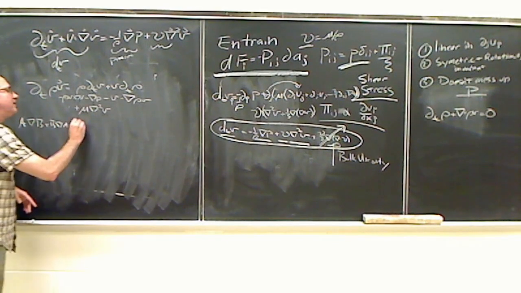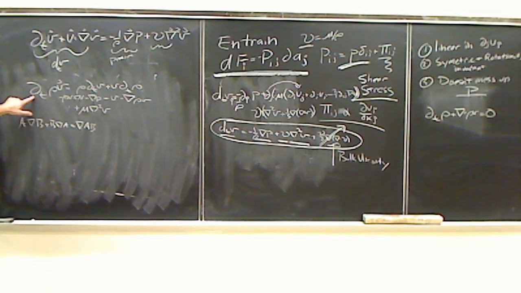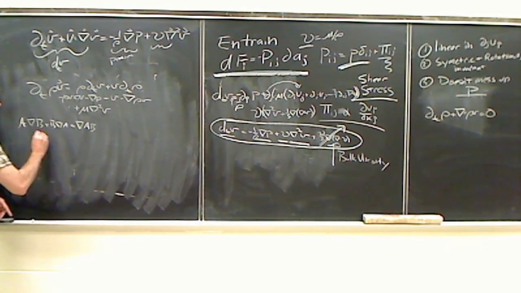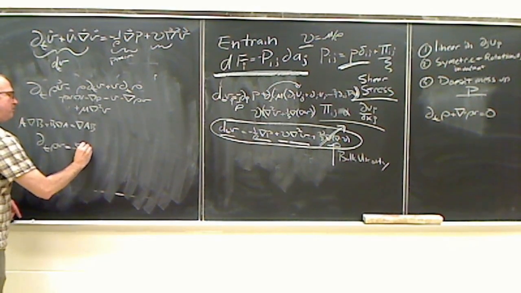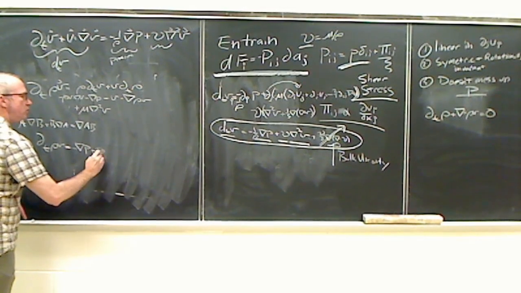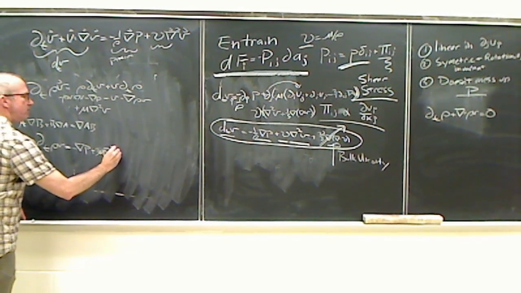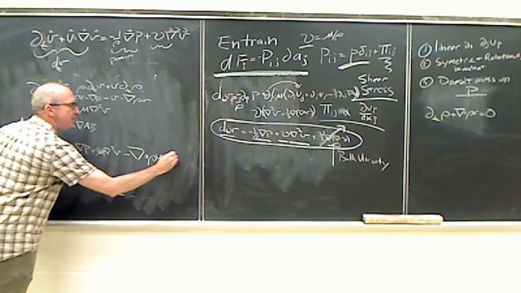There you go. So d rho v dt, the derivative of the momentum with time, equals minus grad p, no rho, plus mu del squared v minus div rho v v.